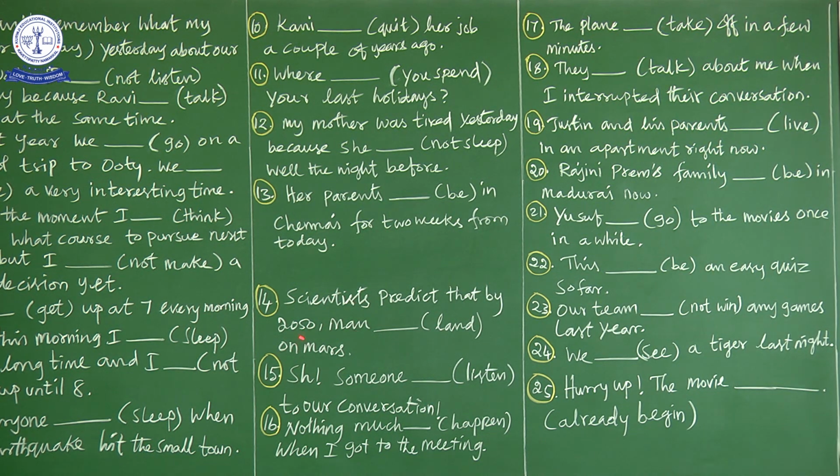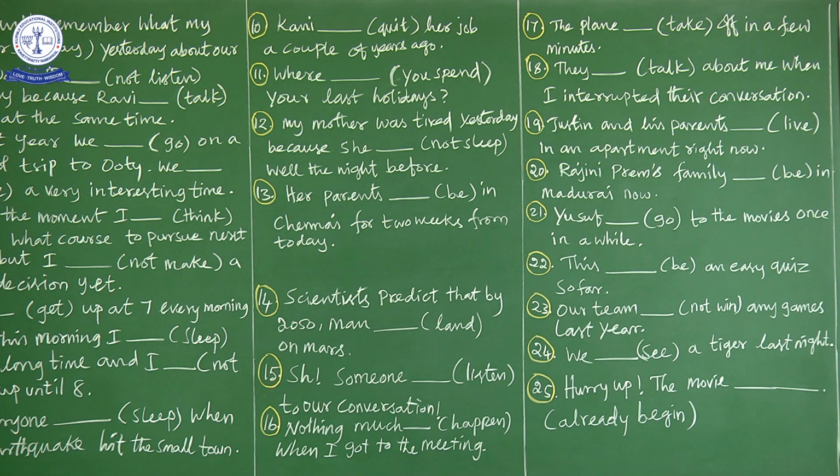Predict that by 2050 some action will be completed. So for future perfect tense, what is the structure? Subject plus will have plus past participle. Okay. So now, scientists predict that by 2050 man will have landed on Mars. So what action is expected to be completed in the future? That is, man will have landed on Mars. So this is the action which is expected to be completed in the future.